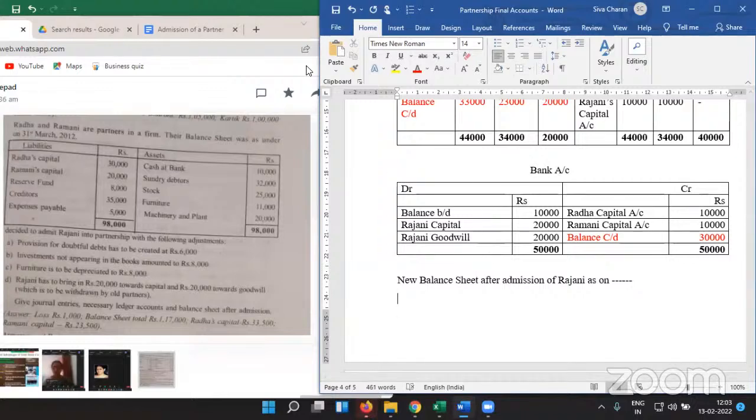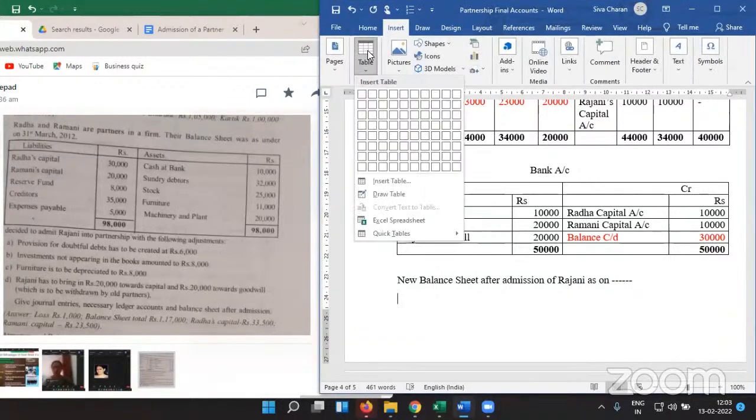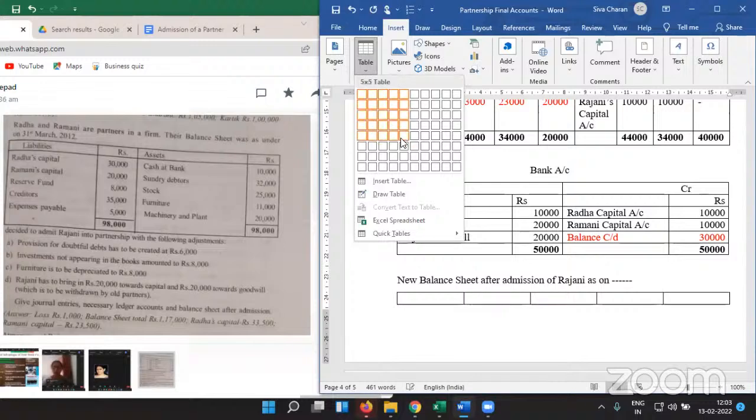Now open a table. For the balance sheet, we need 4 columns.